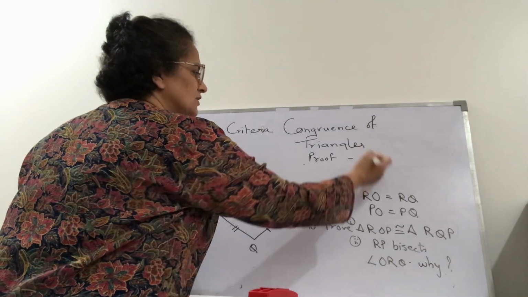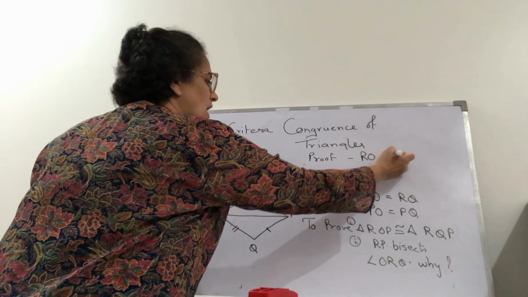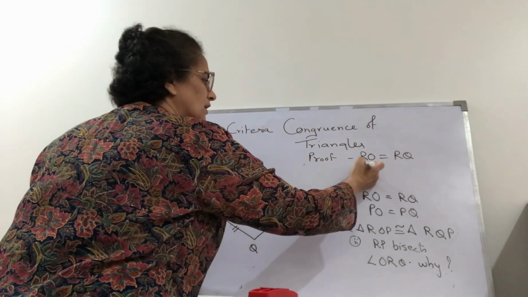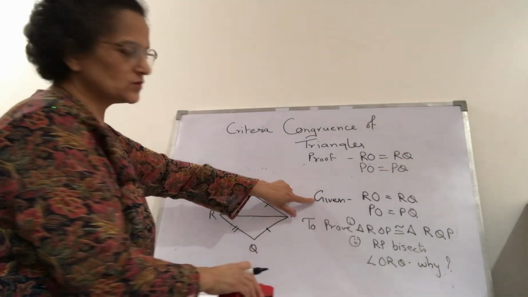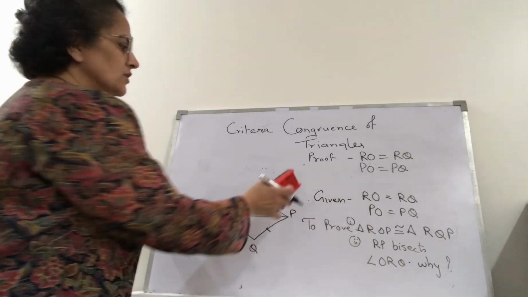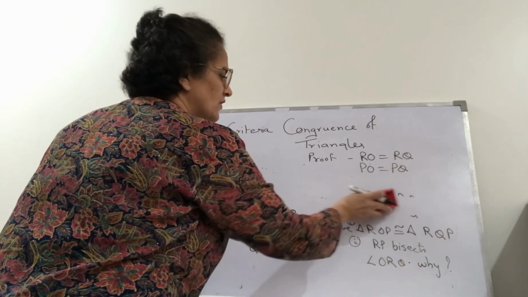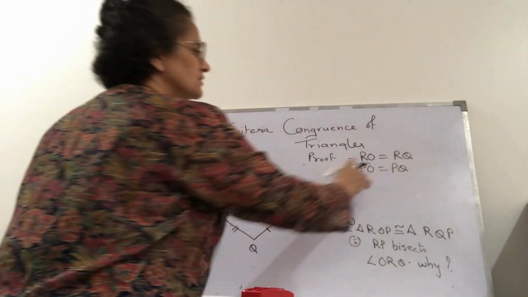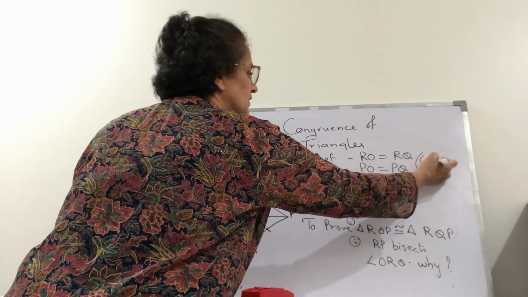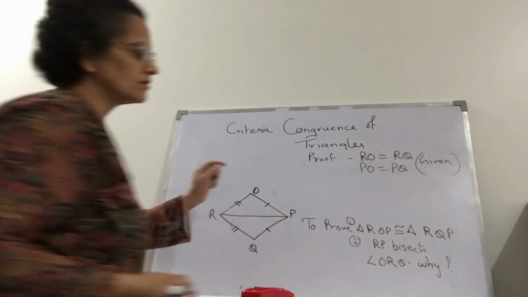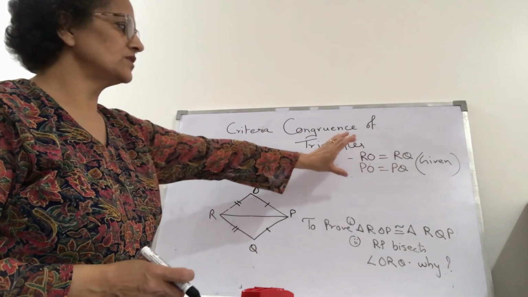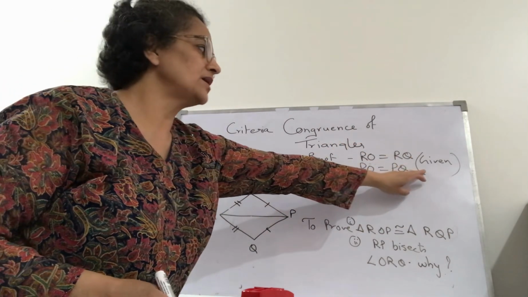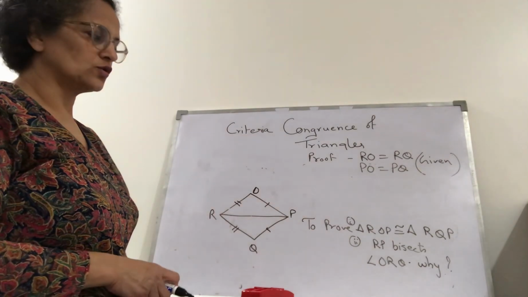So when you are starting the proof, you copy RO is equal to RQ, PO is equal to PQ, and once you have written that, you can mention where you have copied it from. You have copied from the given. So in brackets you mention that this was given in the question.